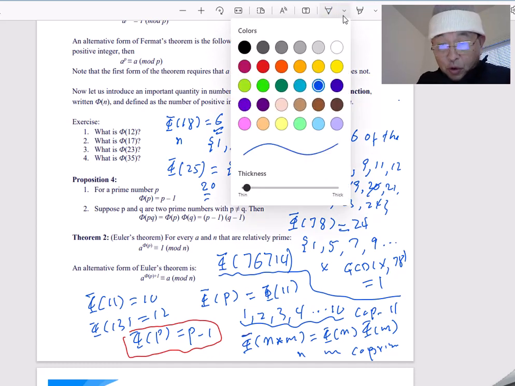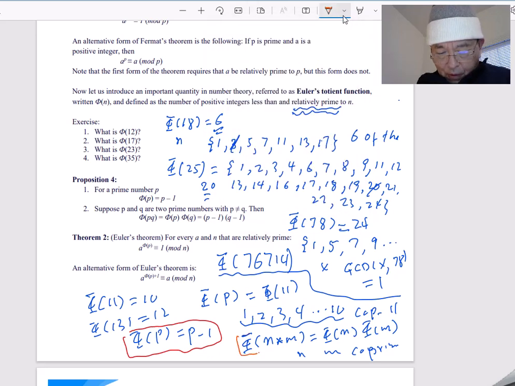So then we can use this property to compute the totient of some number that's relatively large.